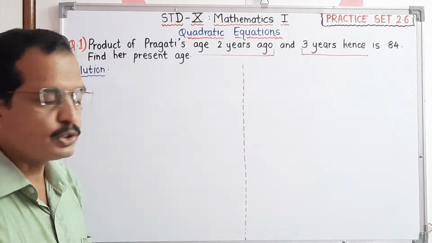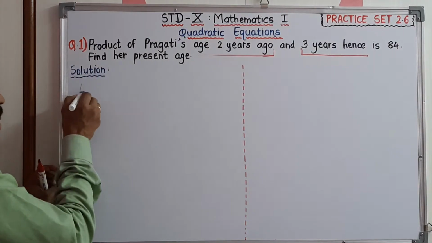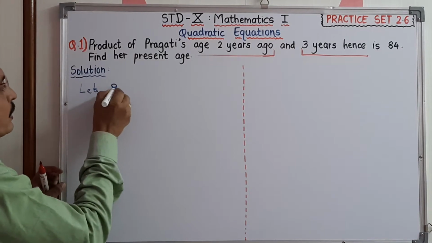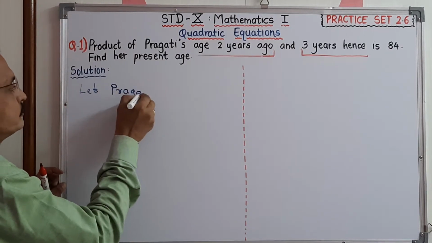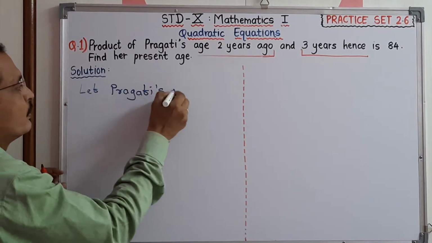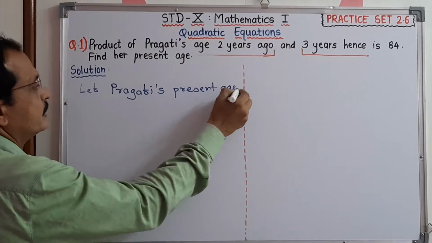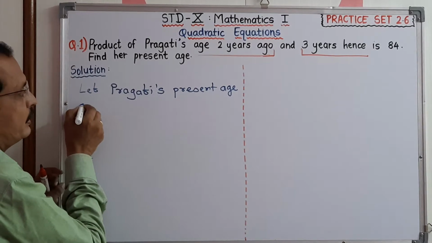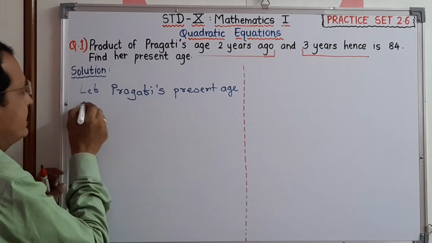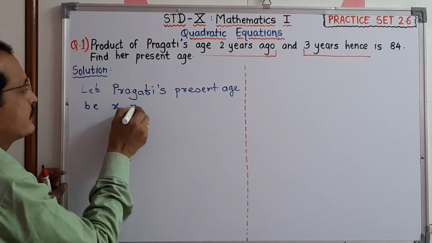Therefore, we have to assume here, let Pragati's present age be x years.